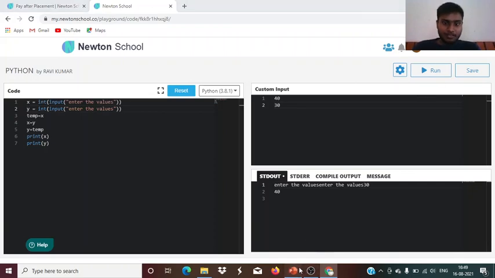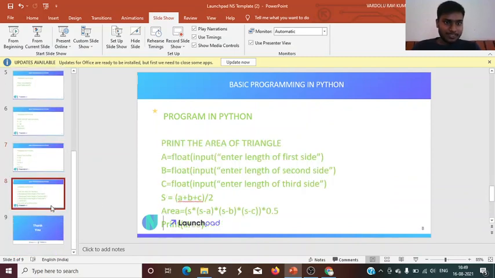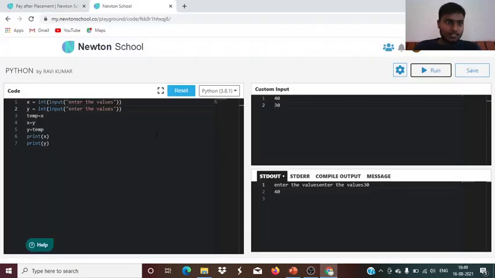Next, we have another simple program called area of triangle. The triangle has three sides.